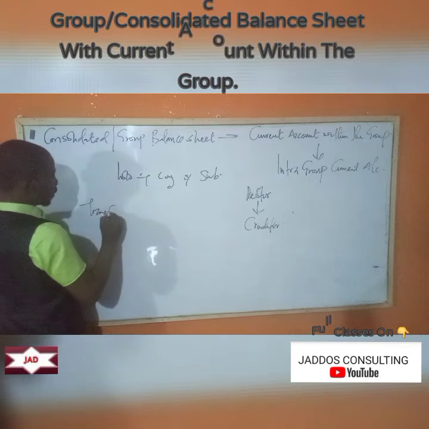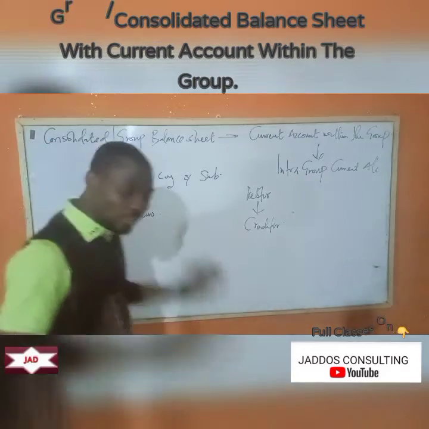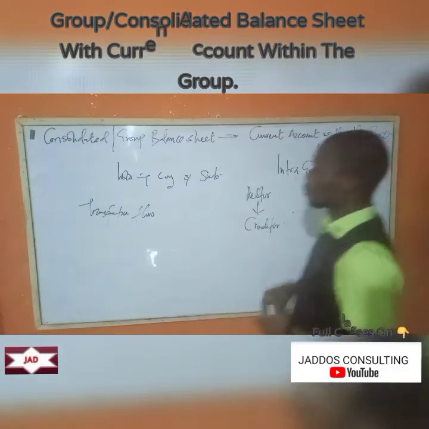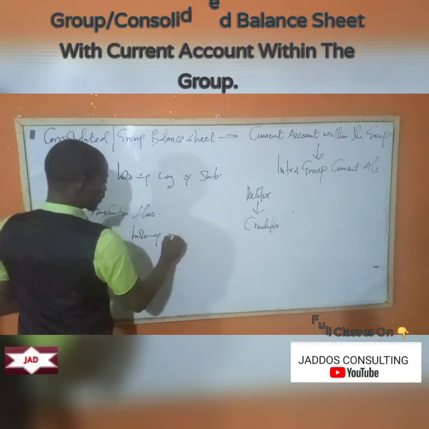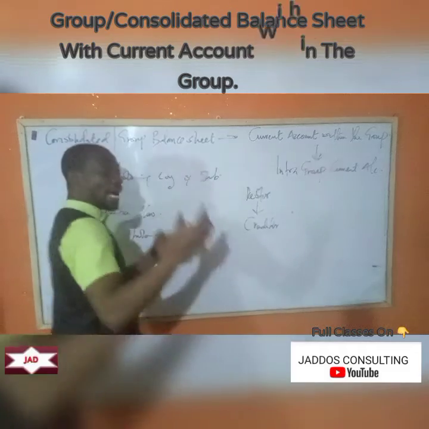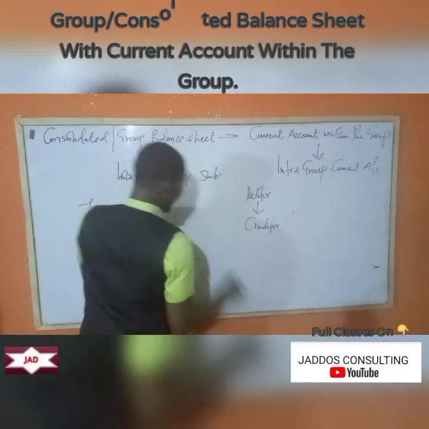At every point in time, depending on the transaction flow as at the time of reporting, you can have the holding company being captured in the book of the subsidiary as a debtor.